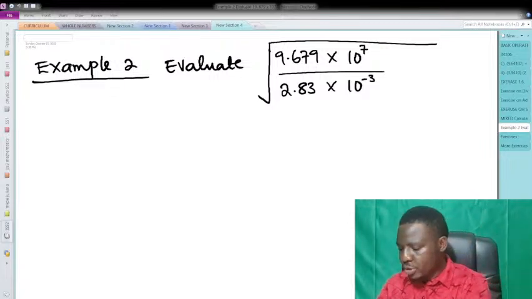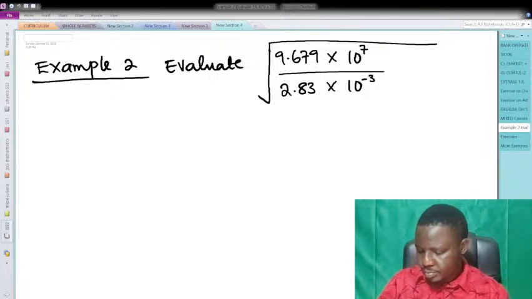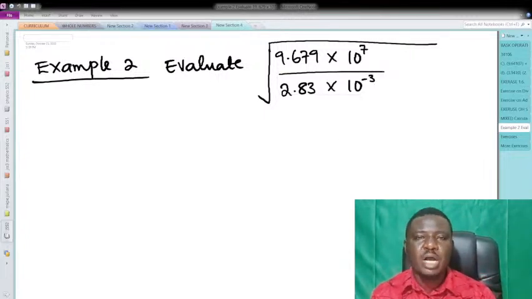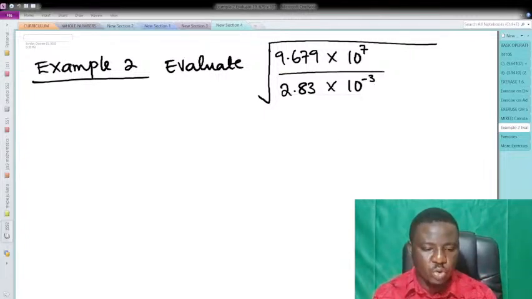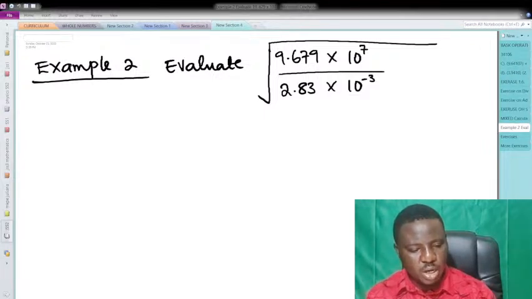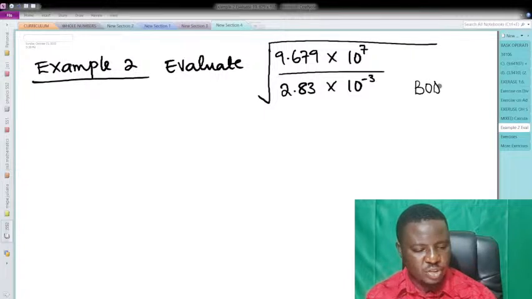So, how do we do that? I'm still going to carry out the same step I took in example 1, but in this case, we only have one figure at the numerator and another at the denominator. So we shall obey the rule of BODMAS, which says brackets, division, multiplication, addition, and subtraction.